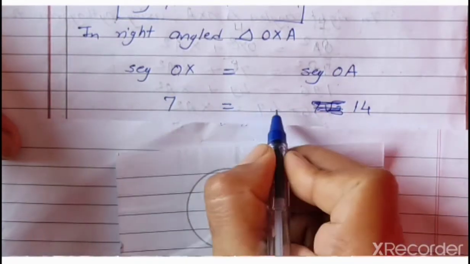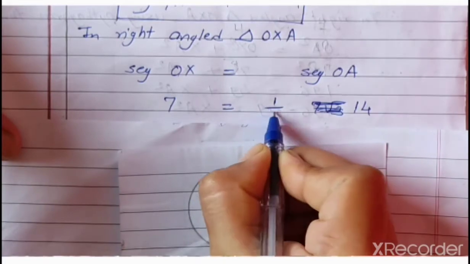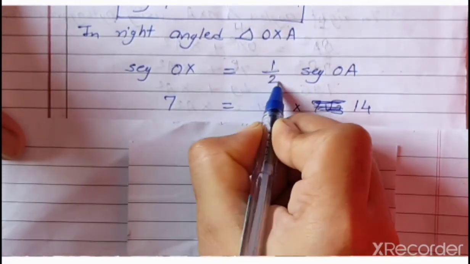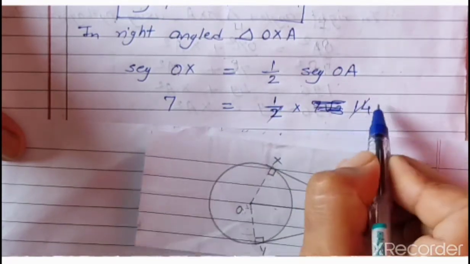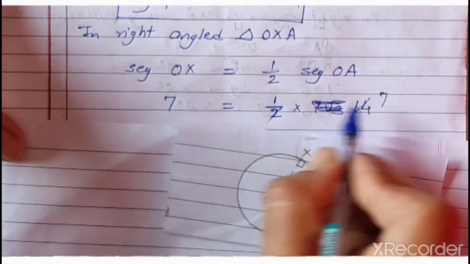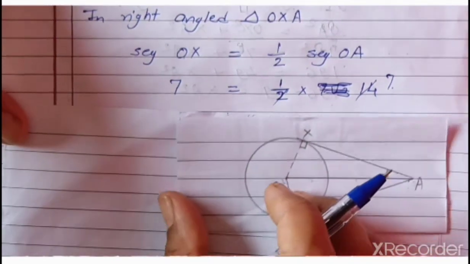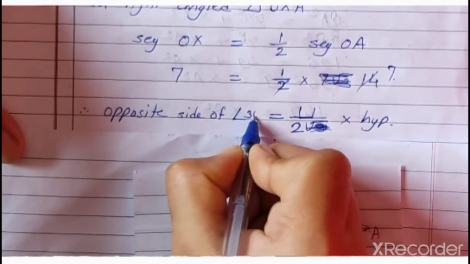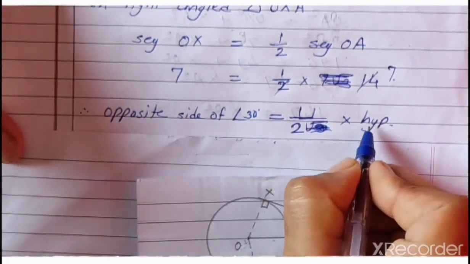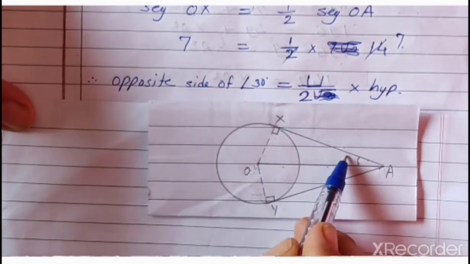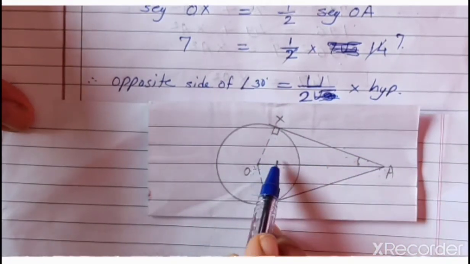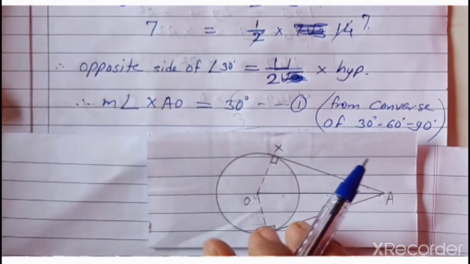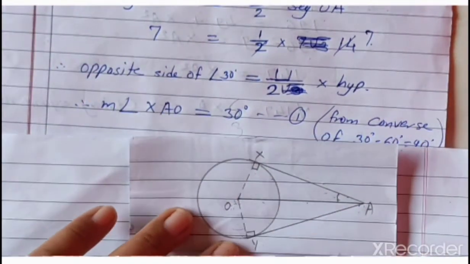These two sides will equalize by just multiplying 1 by 2, so that you get 7 and 7 on both sides. This happens only when the opposite side of 30 degree is equal to 1 by 2 of hypotenuse. So therefore you can say the measure of angle XAO is 30 degree by using the converse of the 30, 60, 90 degree theorem.